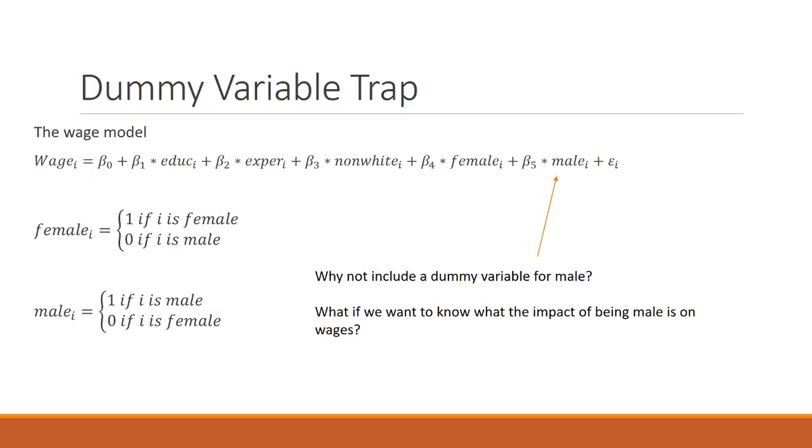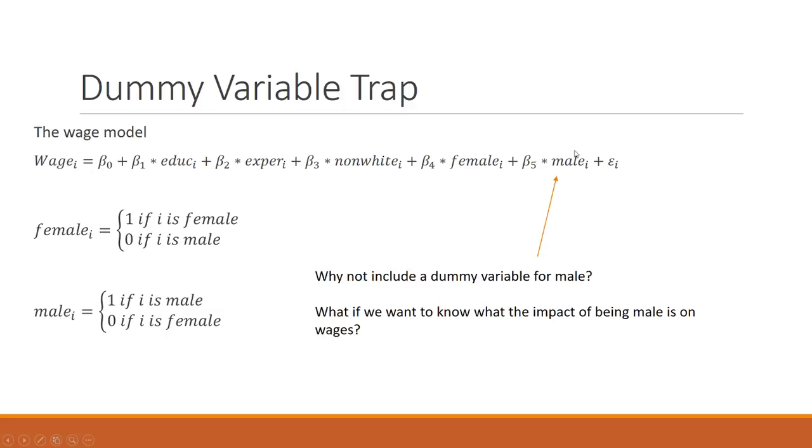Let's go back to our model from the past. At some point, we've run this model, last lecture perhaps. This is our model of wages. We've got wage as a function of education, experience, non-white, female. And then in this case, I'm adding a dummy variable for male.